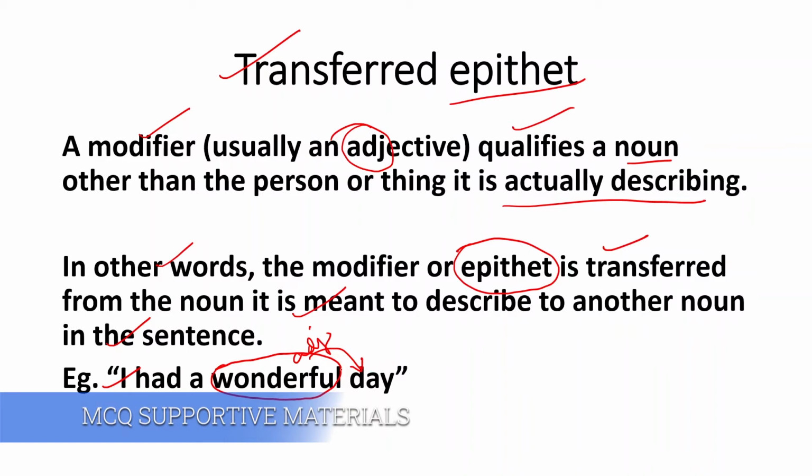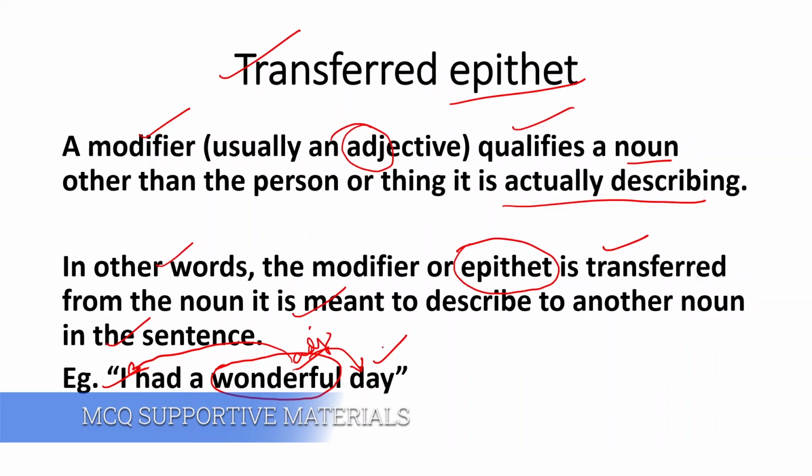But I had a wonderful day. Not that the day is wonderful or something like that. So this epithet wonderful really stands for the person. So it is used as a transferred epithet.